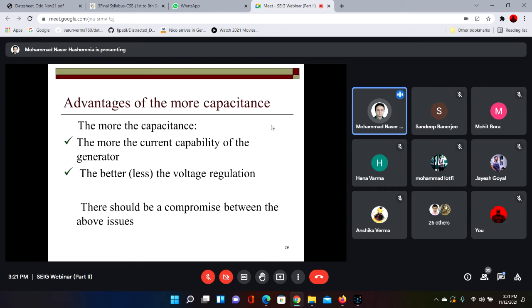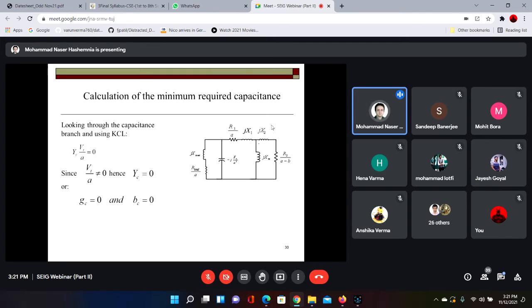To calculate the minimum value of the required capacitance, you look through the capacitance branch. I mean this. You come here, then you equate Y, this is the admittance across this branch, times the voltage to 0. Voltage here is V divided by A. Again, what should be 0?